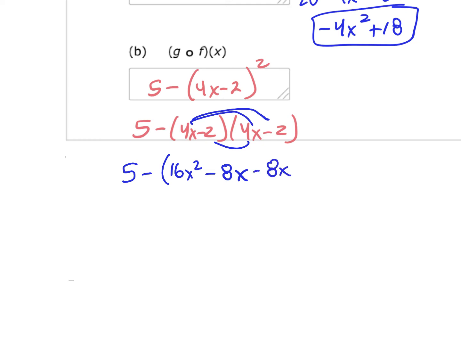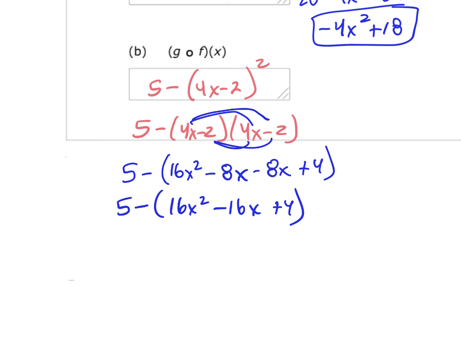Negative 8x. Good. And then what's a negative 2 and a negative 2? Plus 4. Now leave that 5 minus out in front. Don't do anything with it yet. Let's clean up in the middle. I have 16x squared. What's negative 8x and negative 8x? Minus 16x, then what? Plus 4, good.